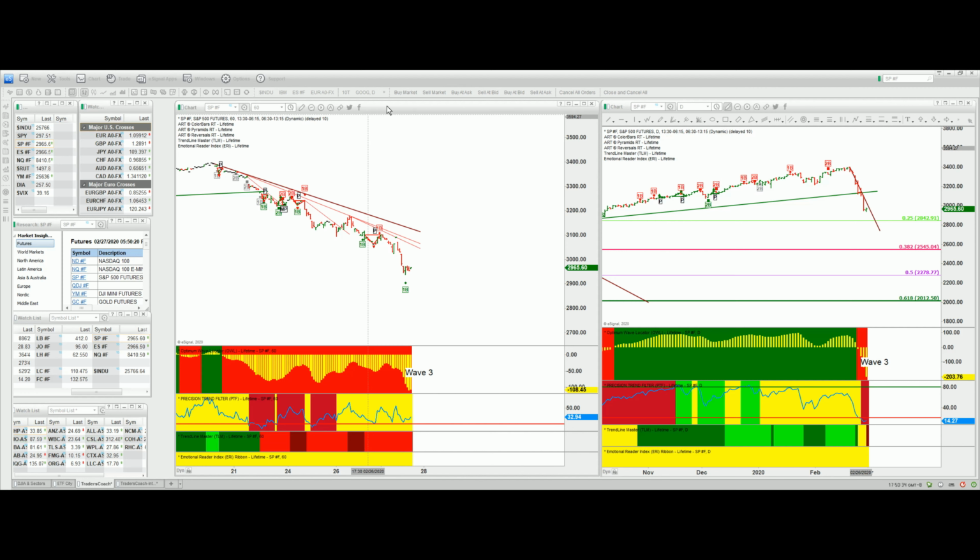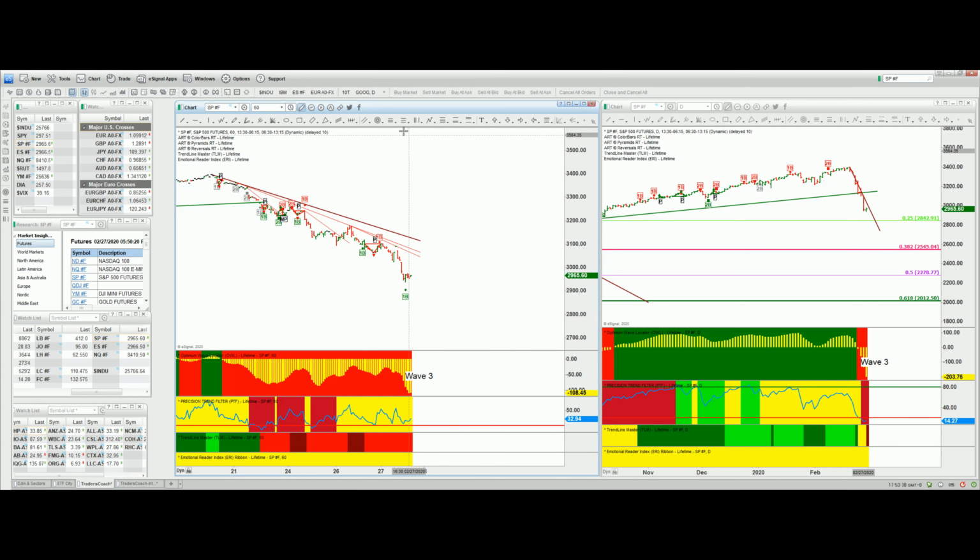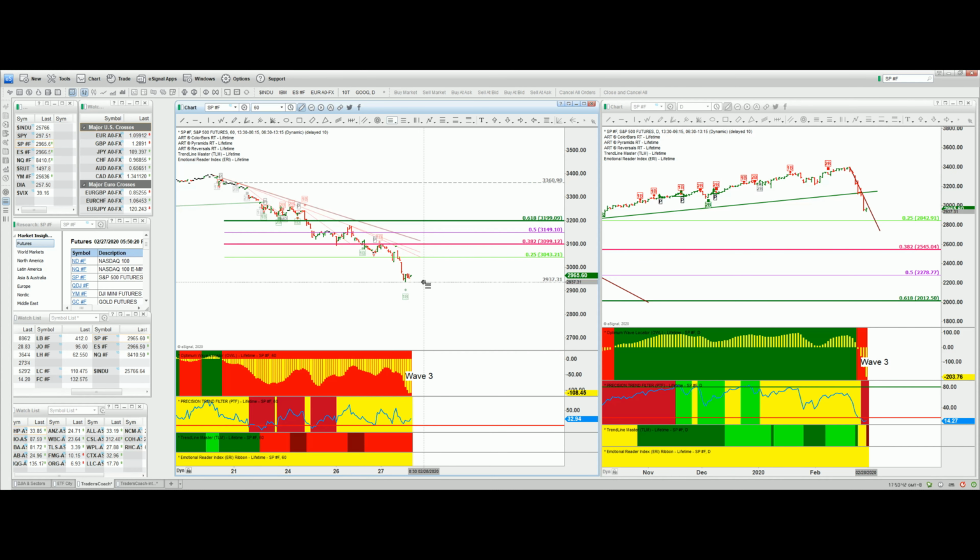If it does come up, we may see an opportunity where we can certainly draw in some fibs, something like this, maybe from here to here. And if that's the case, then we can expect a bounce into this target range here. All right, so a bounce between 3,099 to 3,199. So that's possible.